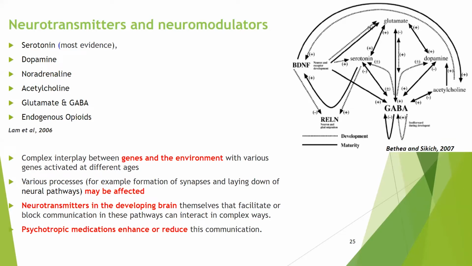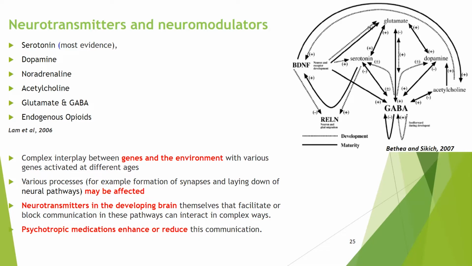These medications, the psychotropic medications that are used to treat problem behaviors and co-occurring conditions, modulate neurotransmitters. The most common neurotransmitters include serotonin, dopamine, noradrenaline, acetylcholine, glutamate, GABA, and endogenous opioids.